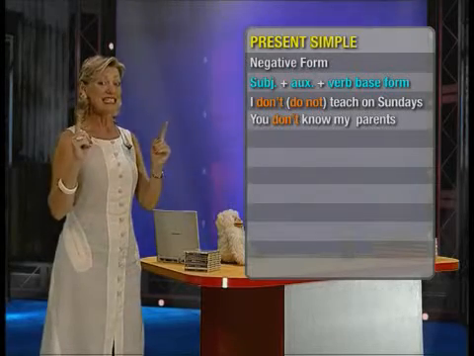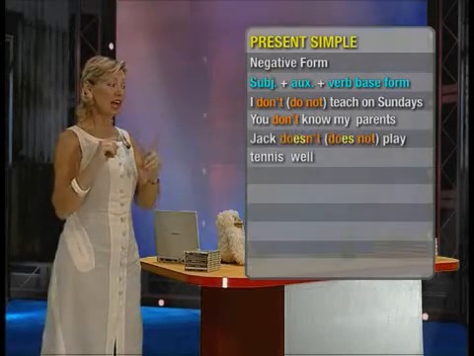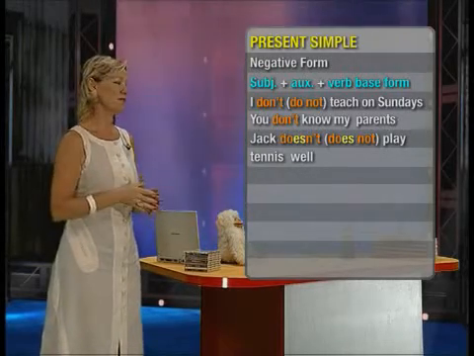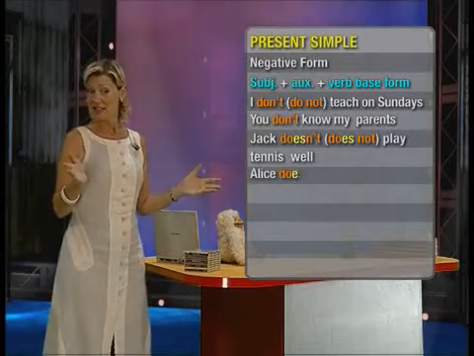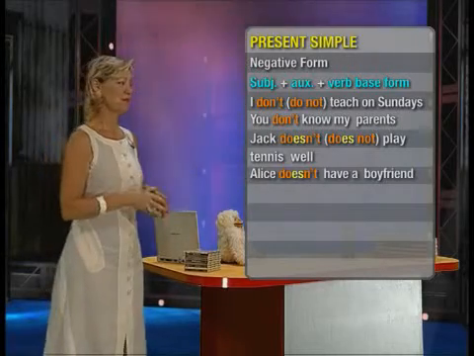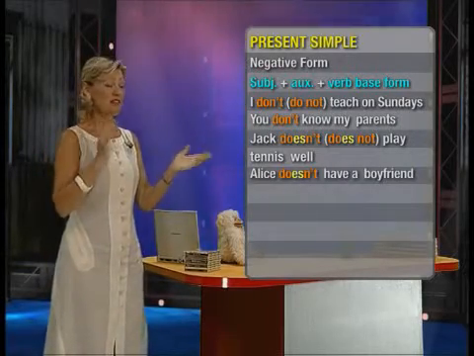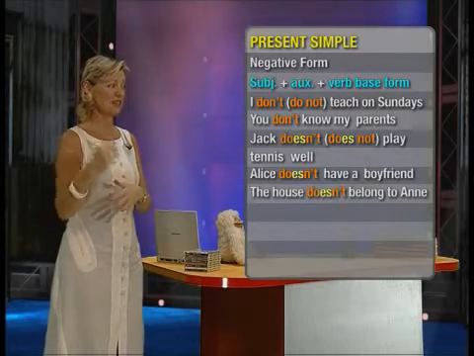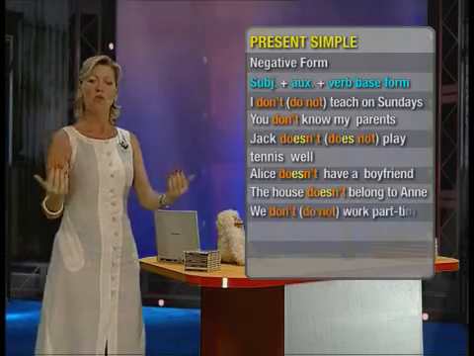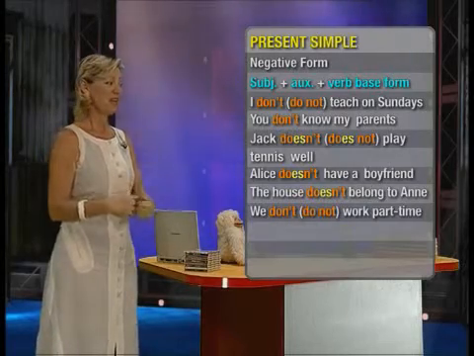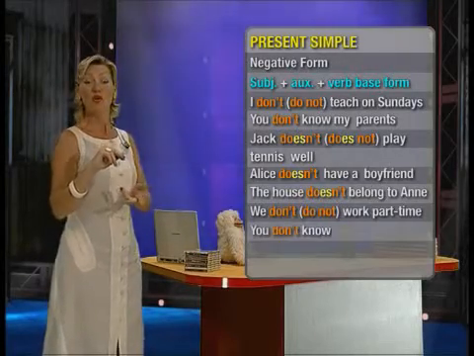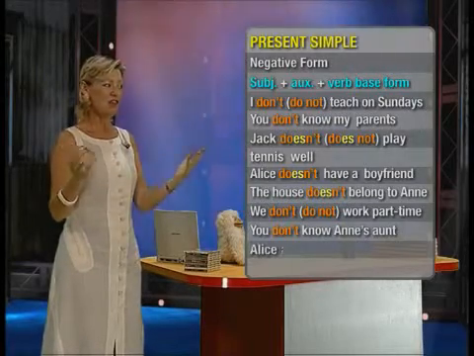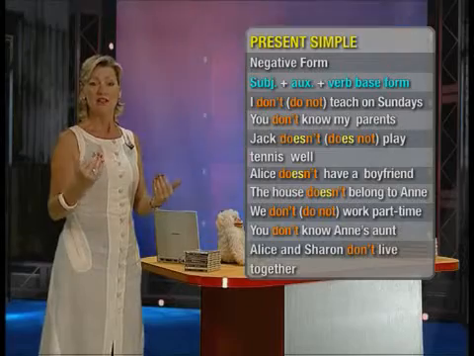Jack does not play tennis well. Alice doesn't have a boyfriend. The house doesn't belong to Anne. Third person, doesn't. We don't work part-time. You don't know Anne's aunt. And Alice and Sharon don't live together.